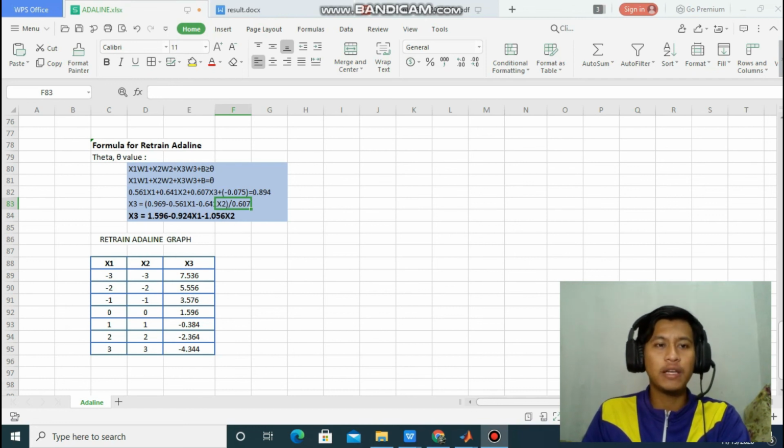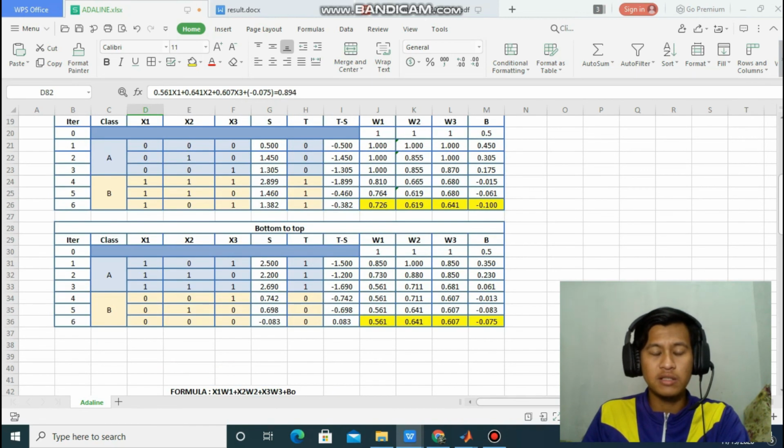We continue with the formula for the retrained line: x1 w1 plus x2 w2 plus x3 w3 plus bias more than theta. We simplify it to get the value, using the values from the bottom to top table. We have 0.561 for w1, 0.641 for w2, 0.607 for w3, and negative 0.075 for the bias.